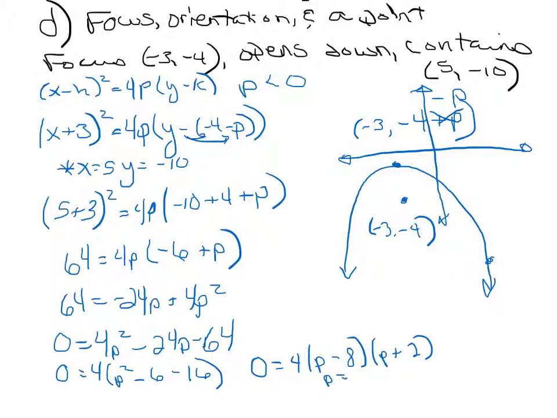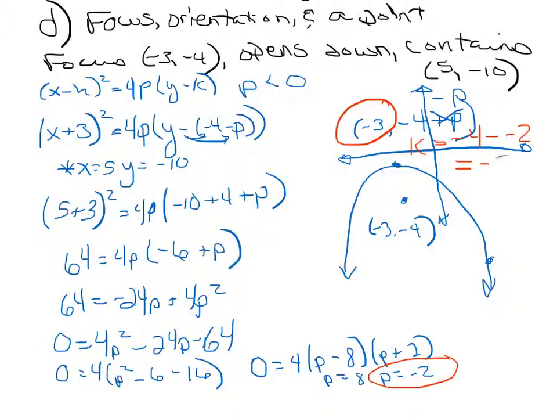So p is either 8 or p is -2, but I've already decided that p has to be less than 0, so I'm going to choose the -2. So I need the p, I need the orientation, I need the vertex. So now I have my p, my vertex, I have my h. I can now find my k by saying I take -4 minus a -2.